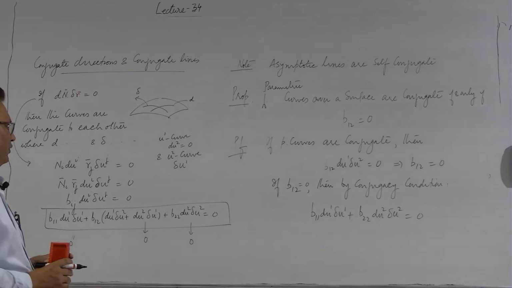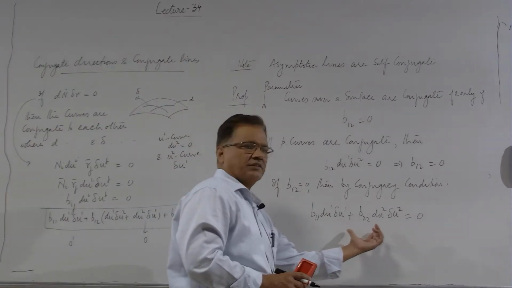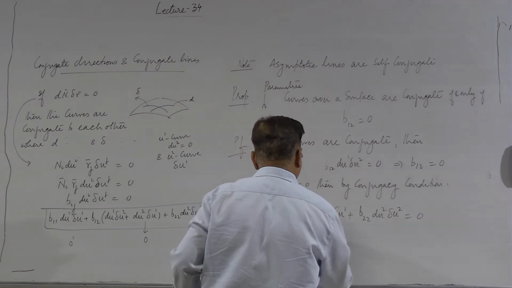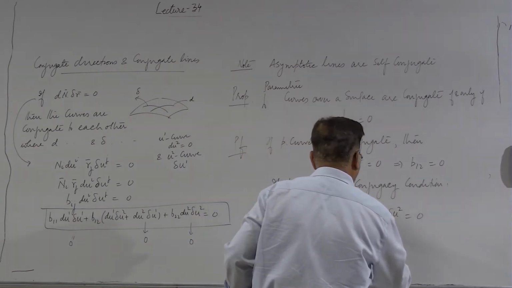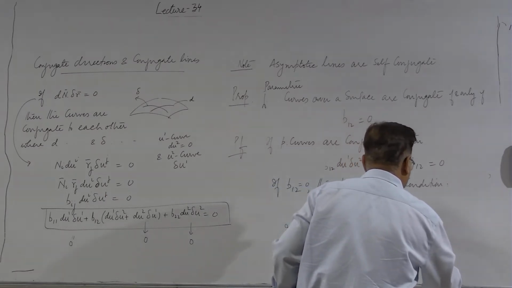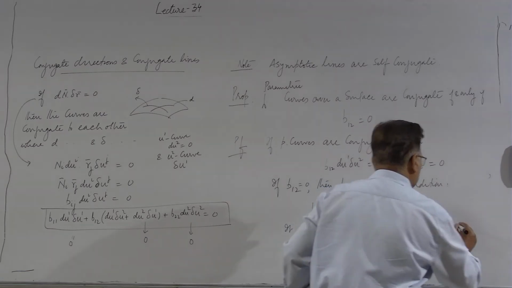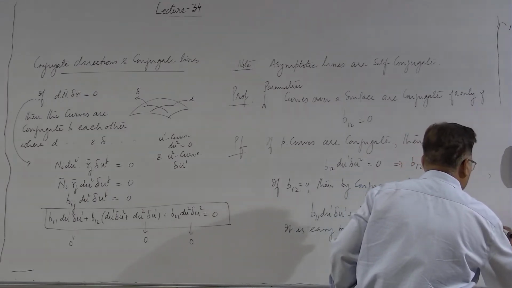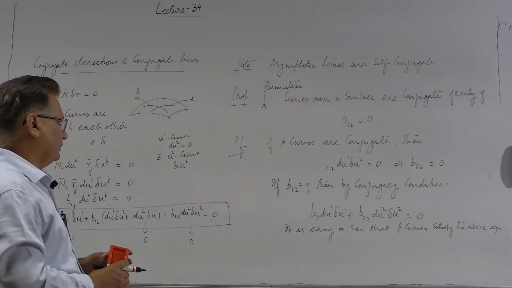So, you can easily notice from the last observation that the parametric curves satisfy this equation. So, it is easy to see that parametric curves satisfy the above equation, and that means they are conjugate to each other.